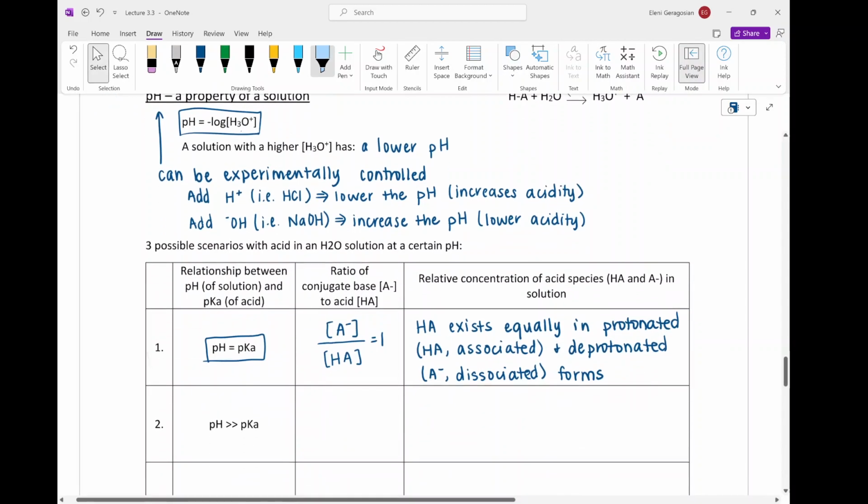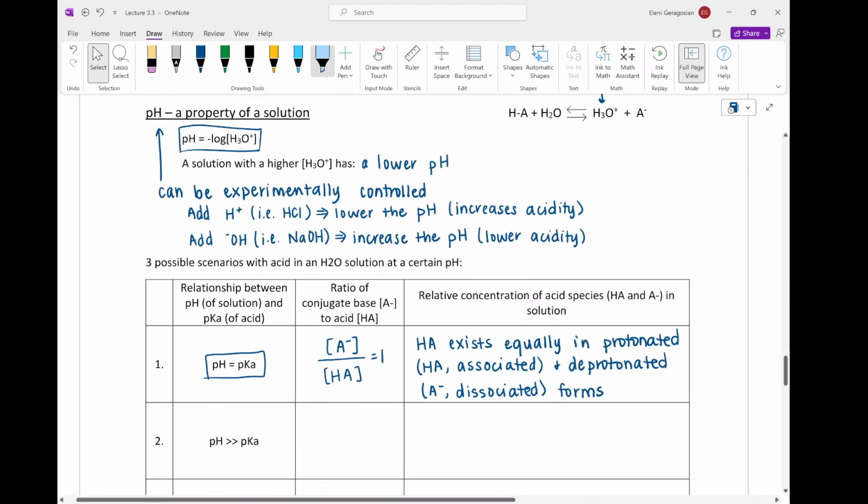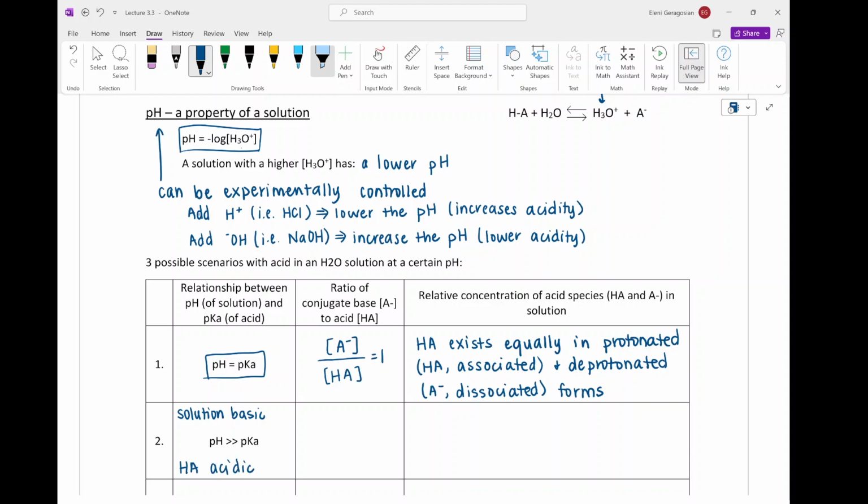If the pH of the solution is greater than the pKa of the acid, that means that the solution is more basic and the HA that's added is more acidic than the solution.